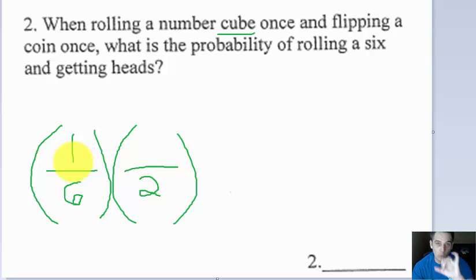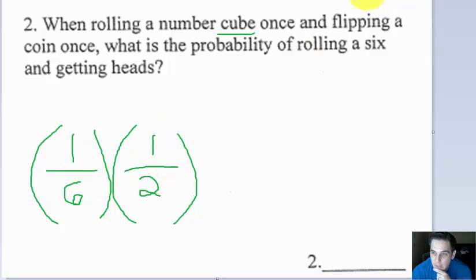If we get 1, 2, 3, 4, or 5, the 5 other choices, those will not meet our goal, so we don't want those. There's only a 1 in 6 chance of getting that 6. And then with getting heads or tails, if we're trying to get just one of them, we only have a 1 in 2 chance of achieving our goal, which is heads.